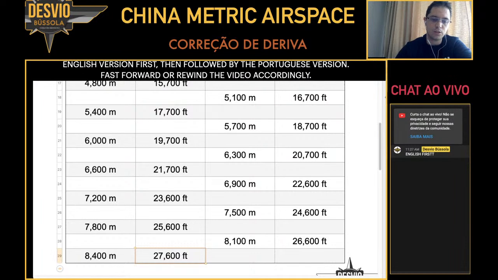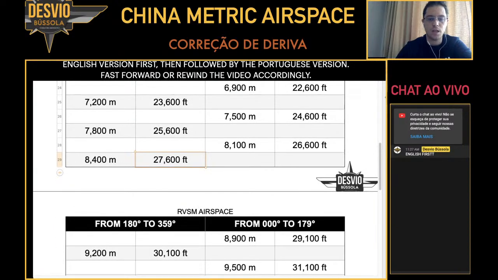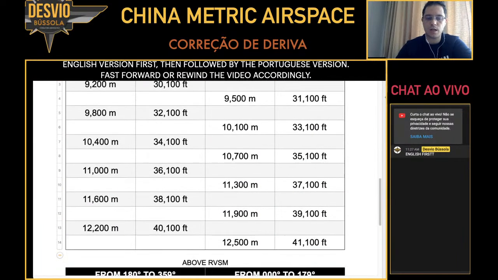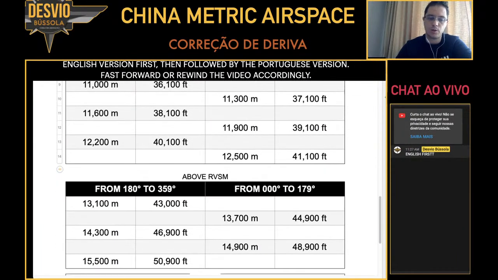So from the first non-RVSM flight level, which is 8,400 meters, 27,600 feet, you have 1,500 feet difference going to 29.1, which is 8,900 meters. Of course, this table continues above RVSM, and then again we'll have the same sort of difference.